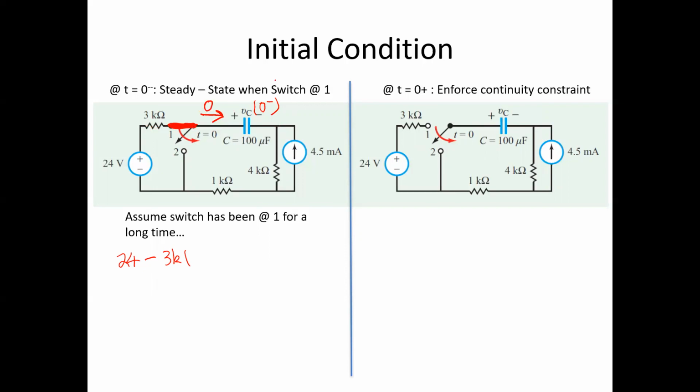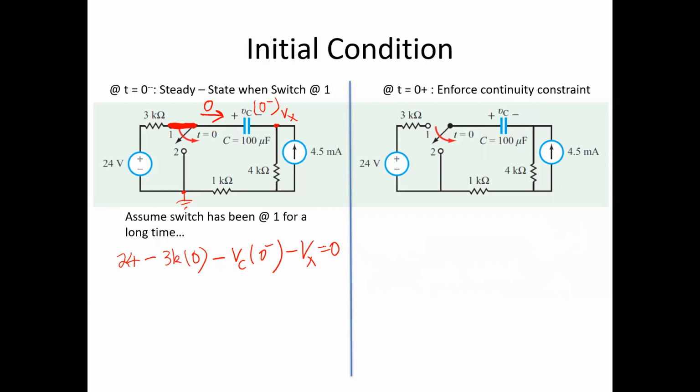It's on the same branch basically with the capacitor. So the current going through the 3K resistor is just going to be 0 minus VC of 0 minus. And then we're going to drop whatever the voltage is here. So let's designate a ground terminal and let's call this node here Vx. So minus Vx is equal to 0.